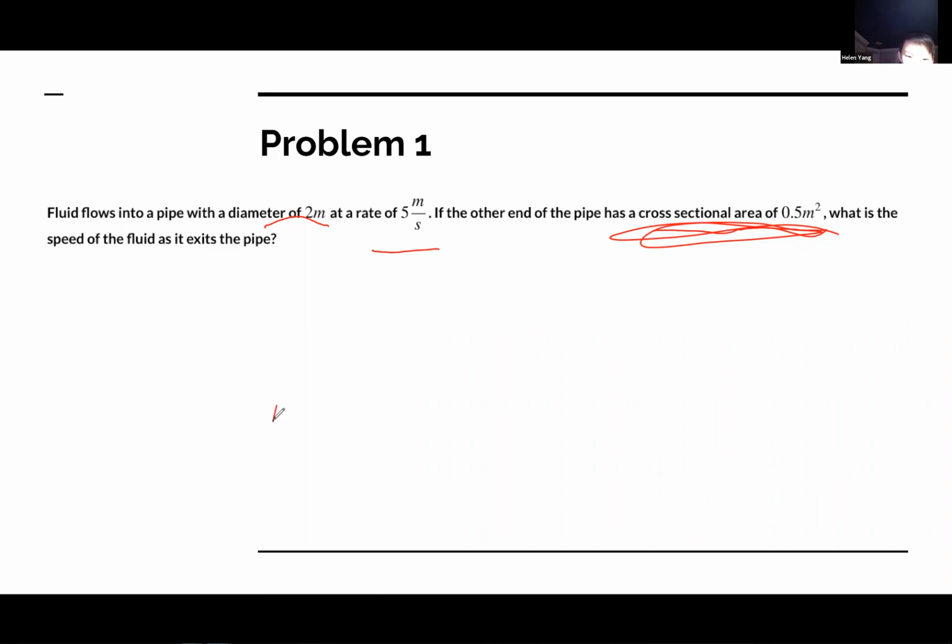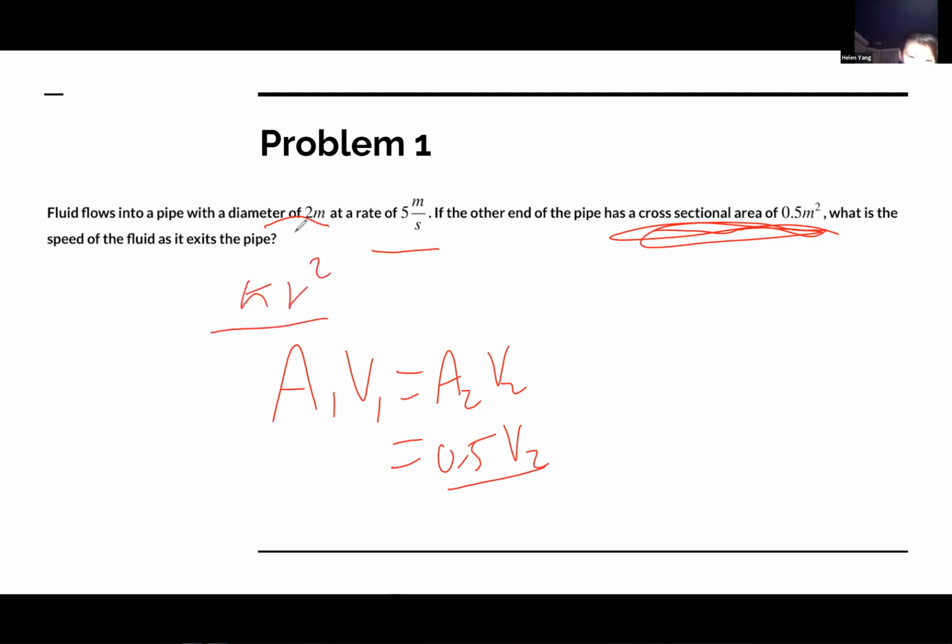So it would be A1 times V1 is equal to A2 times V2. It would be 0.5 times V2 for this side, and for this side it would be pi r squared, and since the diameter is 2 meters, the radius would be 1.